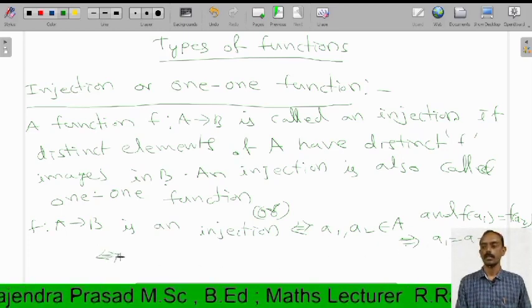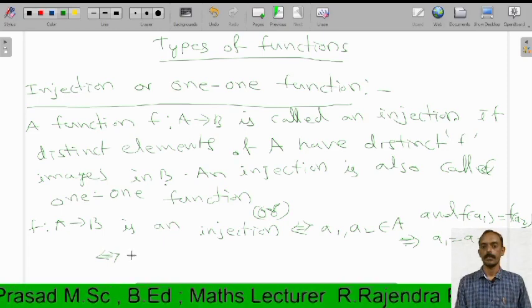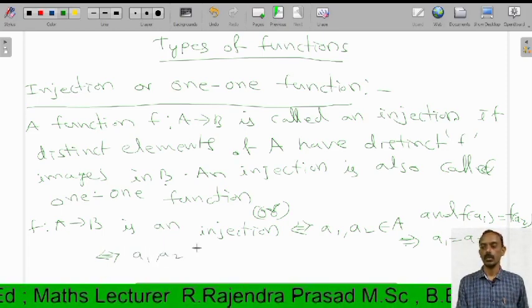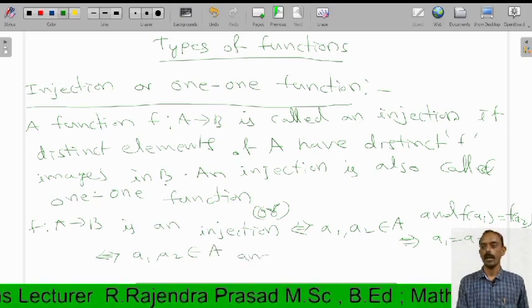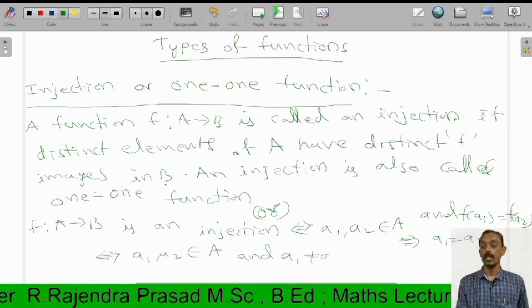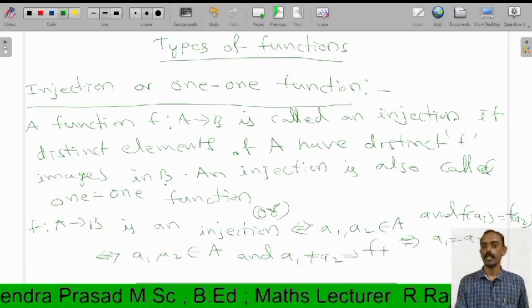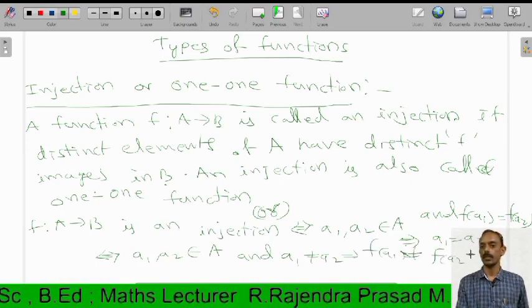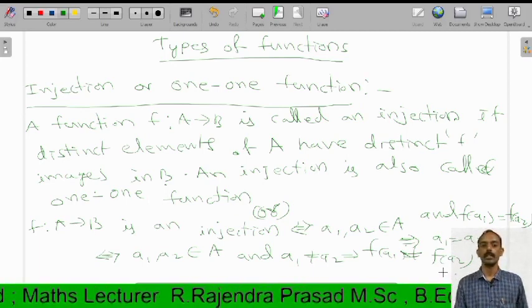Equivalently, a1, a2 belongs to A and a1 is not equal to a2 implies f of a1 is not equal to f of a2. Okay.